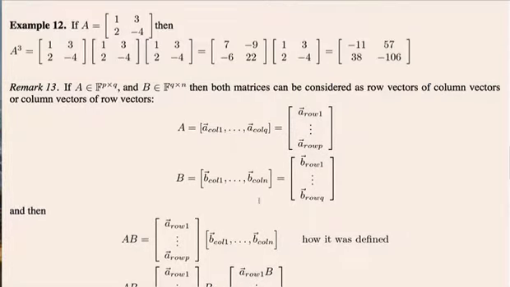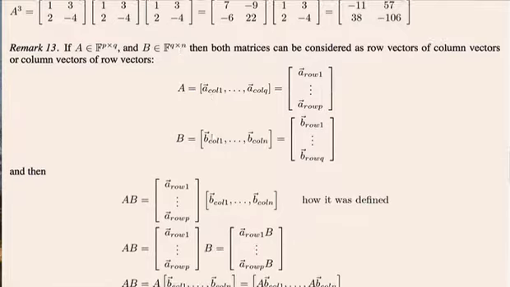So the first row has Q entries in it, and that means that we can multiply that row with the B matrix because that has Q rows.